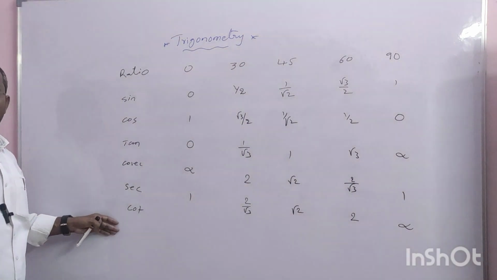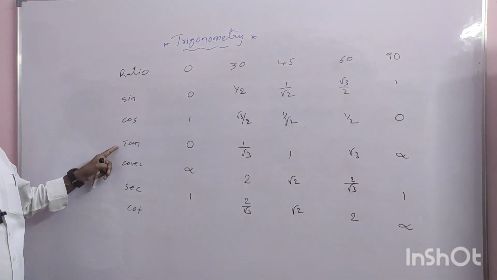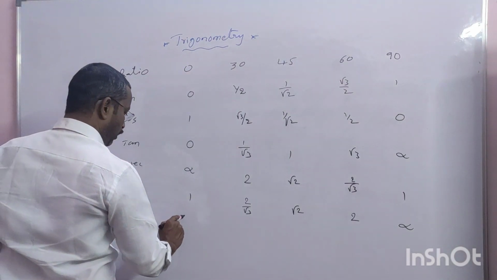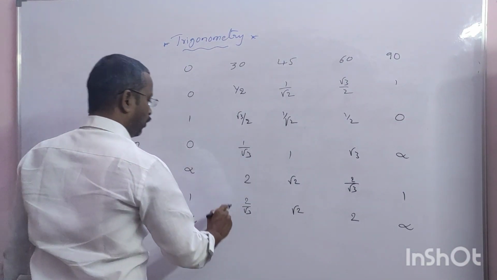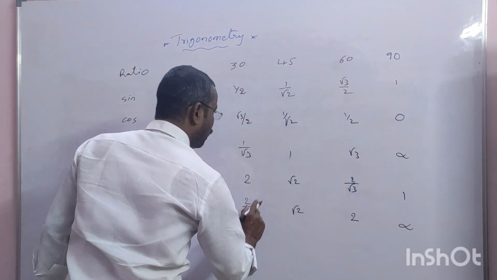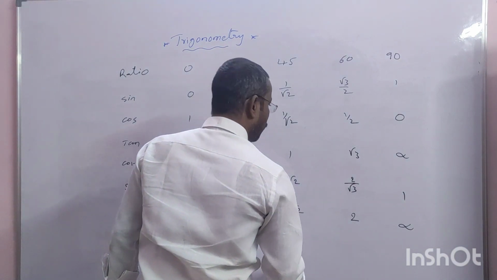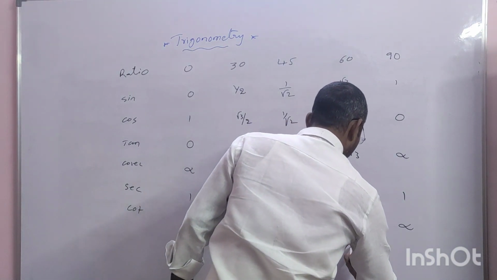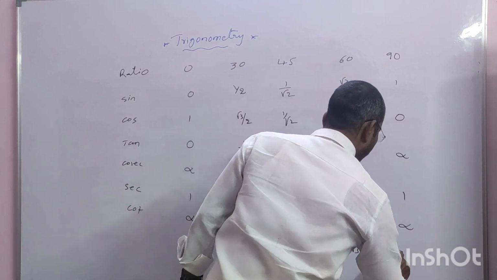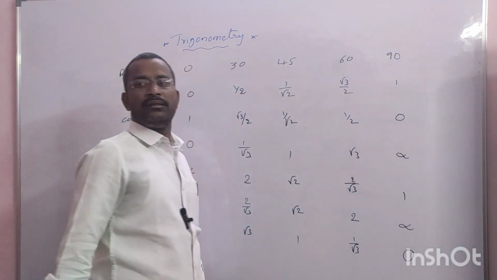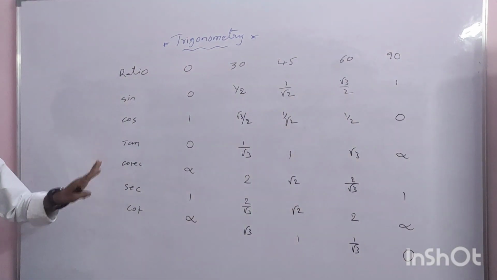Next take the cot. Cot is the reciprocal of tan: reciprocal of 0 is infinite, of 1 by root 3 is root 3, of 1 is 1, of root 3 is 1 by root 3, and reciprocal of infinite is 0. That's it. You need to remember this table.